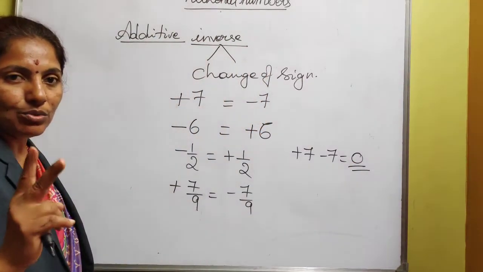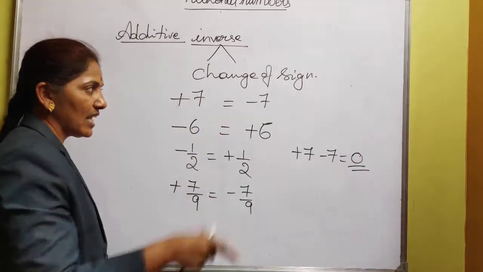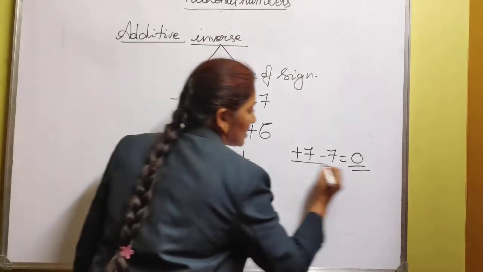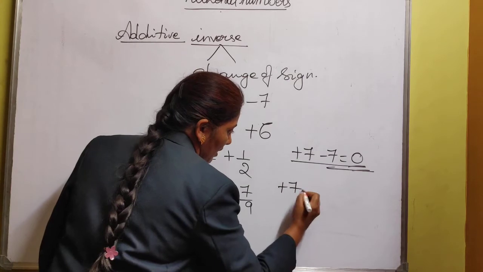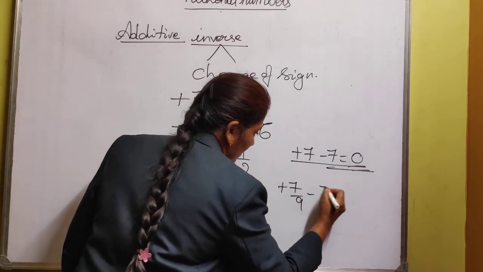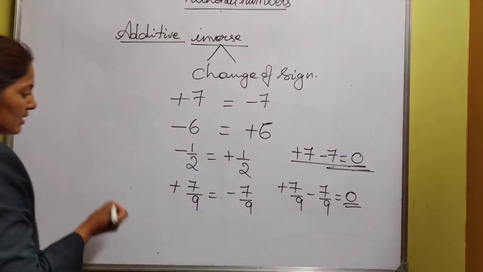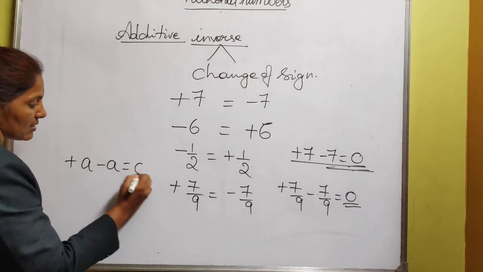Whenever we add two integers that are the same number with different signs, the sum is again 0. Even in this case, plus 7 by 9 and minus 7 by 9 is again equal to 0. That is, a plus minus a is equal to 0.